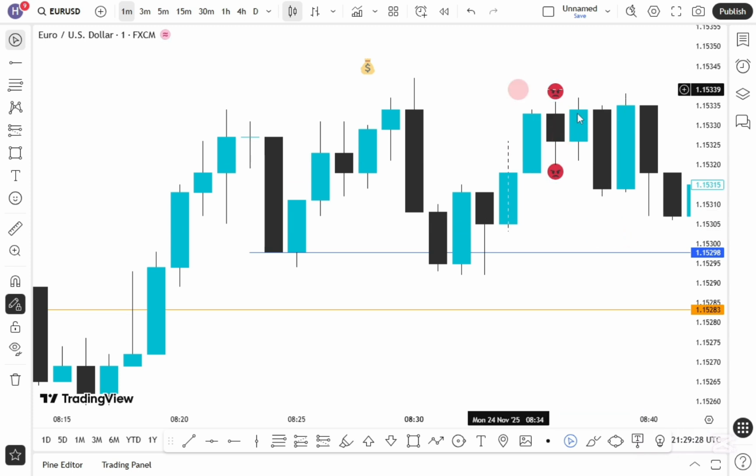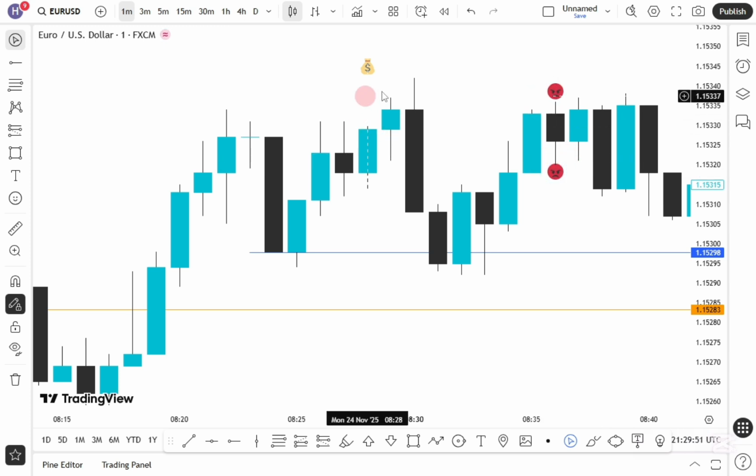So which candle does that? This candle here breaks this wick. Once this candle breaks this wick, the high of this becomes my stop loss. I place my stop loss up here.